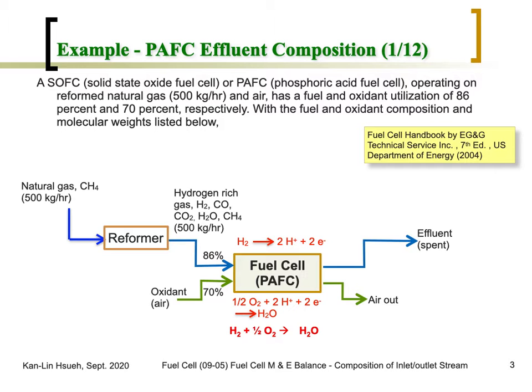For the solid oxide fuel cell, the oxygen will be ionized, become an anion, and go to the hydrogen side, the anode side, and generate the water on the anode side. That's different. But one important thing is that because there's a membrane separating the anode and the cathode, on the anode side, carbon monoxide, carbon dioxide, water, and methane will not cross over to the cathode side. So on the cathode side only nitrogen and oxygen and maybe water will be expelled.